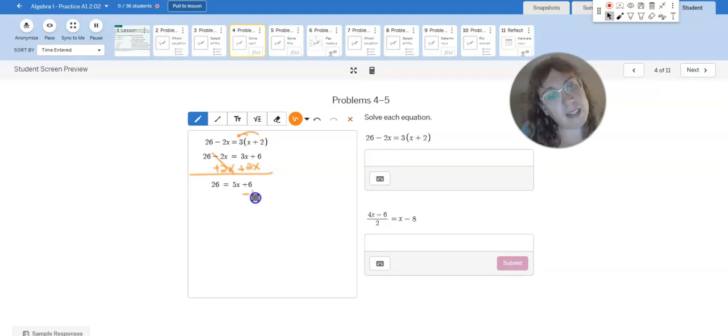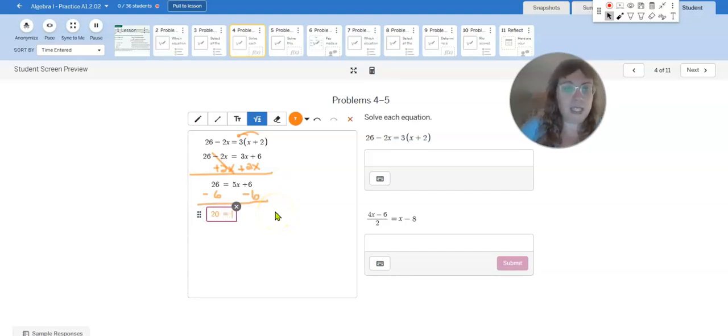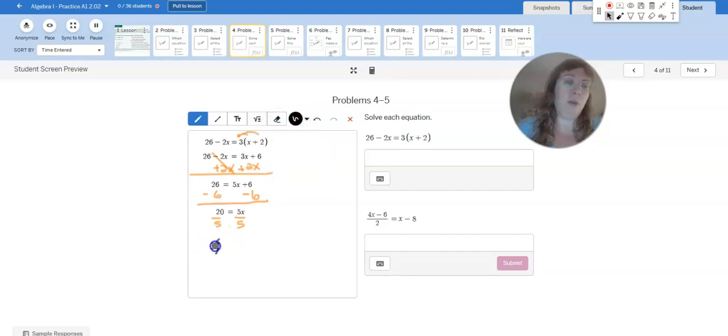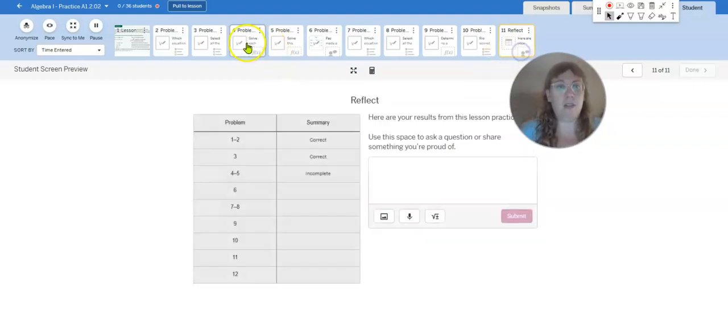Then I'm going to subtract 6 on both sides. 26 minus 6 is 20 equals 5x. And then my final step to get x alone is to divide both sides by 5. 20 divided by 5 is 4. So our x value is 4 for the first one.